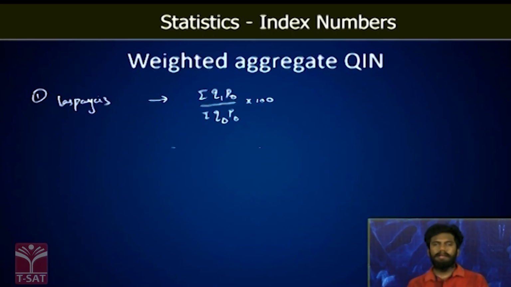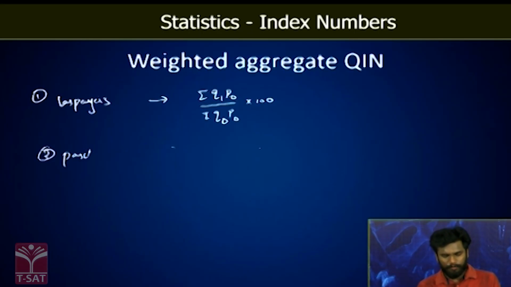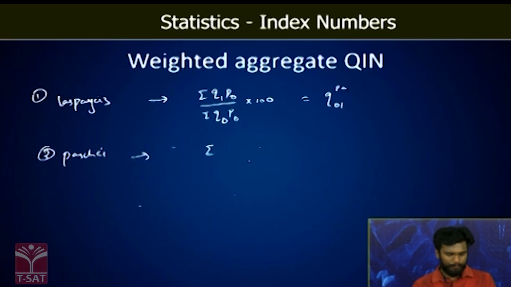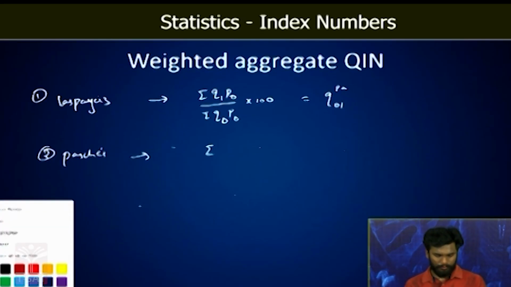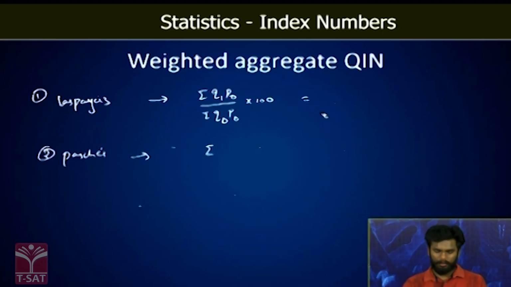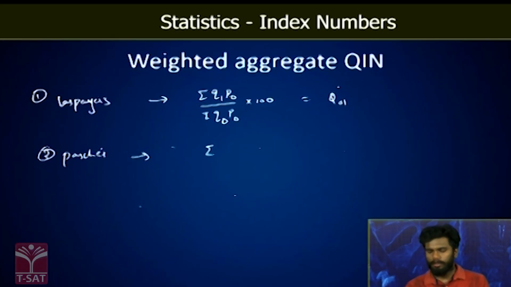Here we are taking weights as prices of the base year. It is denoted by Q01 LA, Laspeyres.